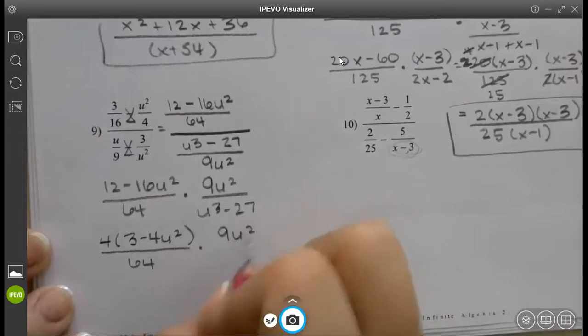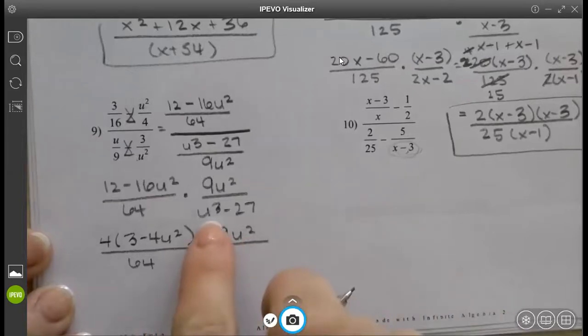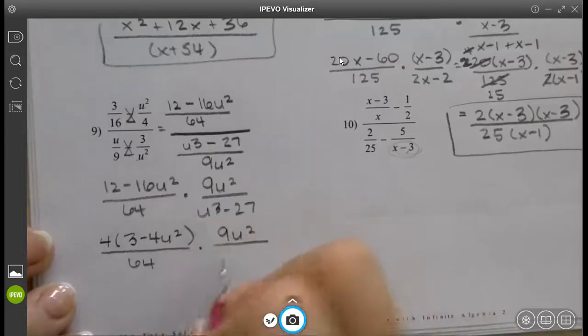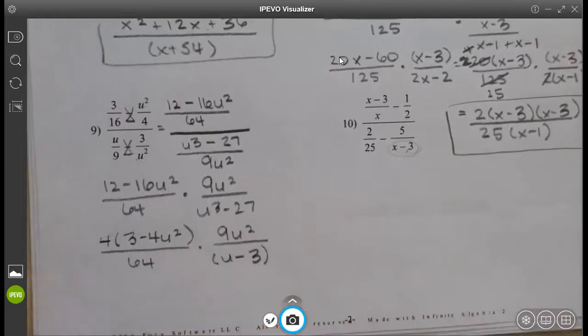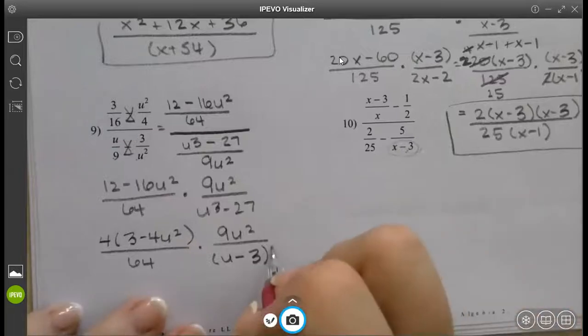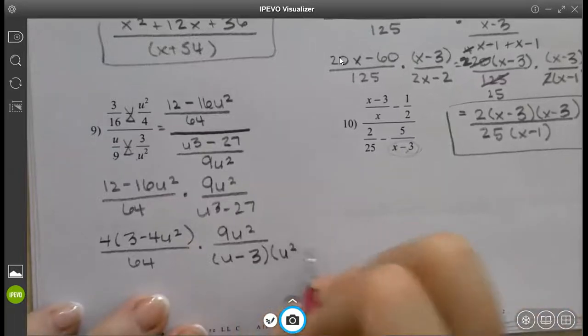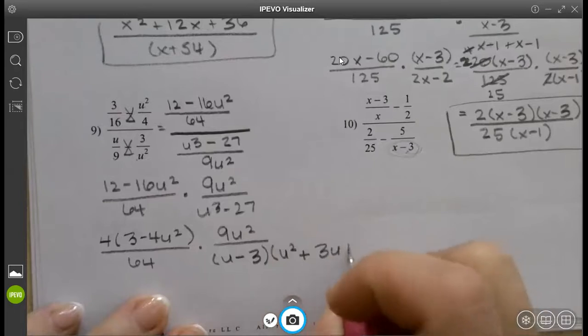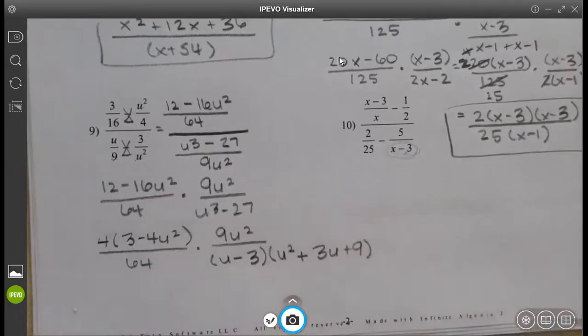We have 9u squared. And then this one is a perfect cube. So remember, we take the cube root, the same sign, and the cube root. Square the first, change the sign, multiply them together, square the last. If you look, there's not a lot we can do.